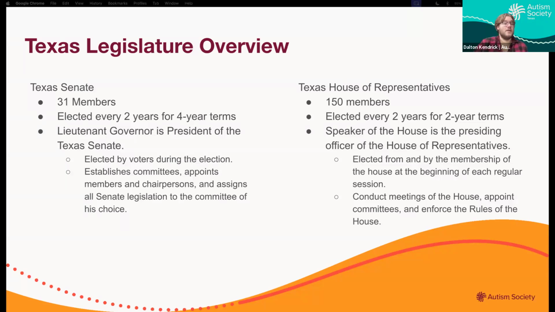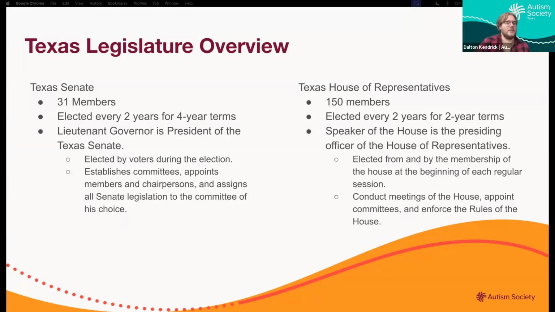And his job, he establishes committees, appoints members and chairpersons to those committees, assigns Senate legislation to the committees of his choosing. So when bills come in, he gets to decide what committee it goes to and when it gets talked about.